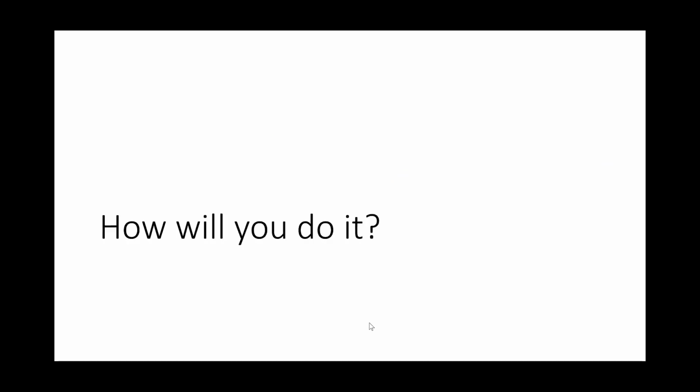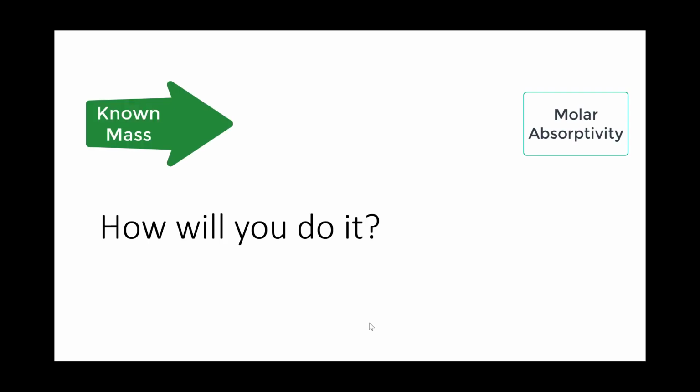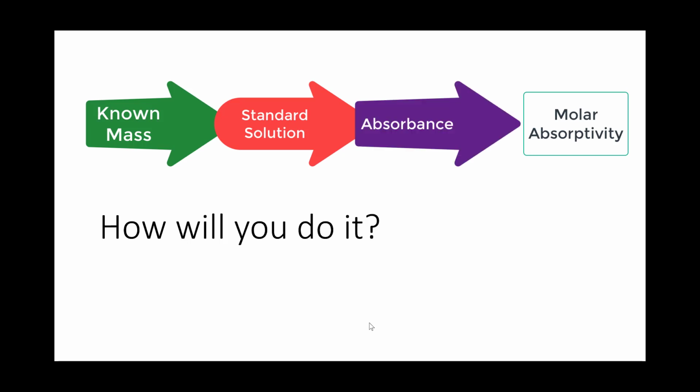The next thing for you to think about is how will you do your experiment? In this particular case, we want to determine, first of all, the molar absorptivity of these standard dyes. What we're going to do is measure the absorption of the standard stock solutions that you get.